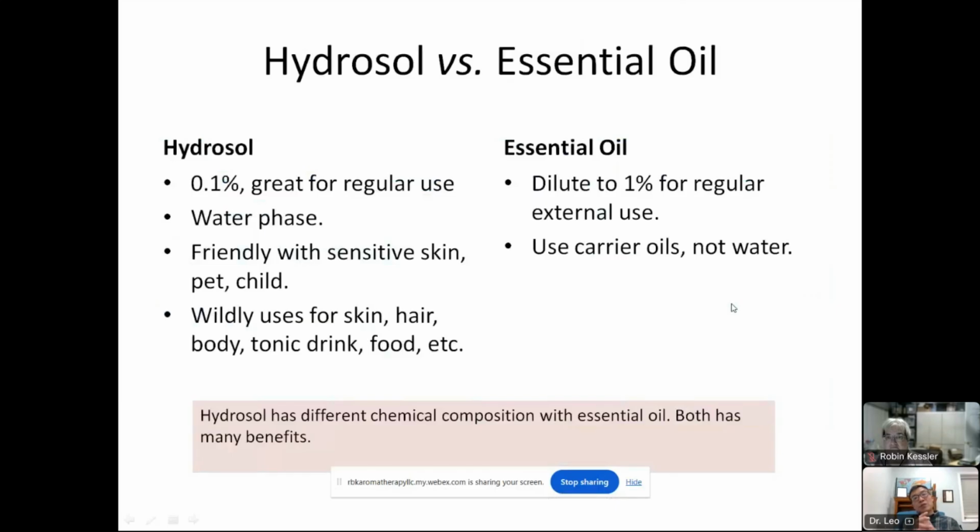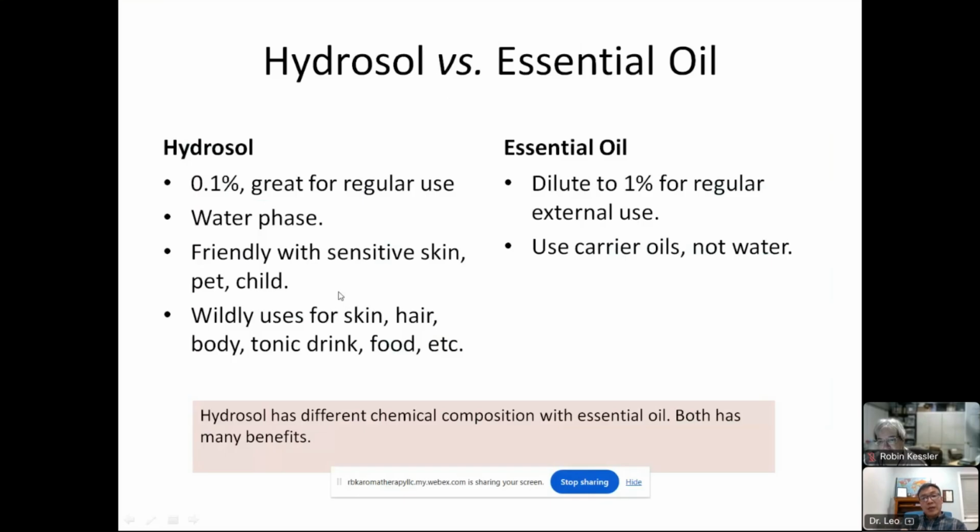When we compare the hydrosol with essential oil, for hydrosol we are talking about around 0.1% concentration of the phytochemicals within it. It's great for regular and daily use, and because it's water phase, it's easy to use and easy to carry. It's friendly with sensitive skin, pets, animals, and children.